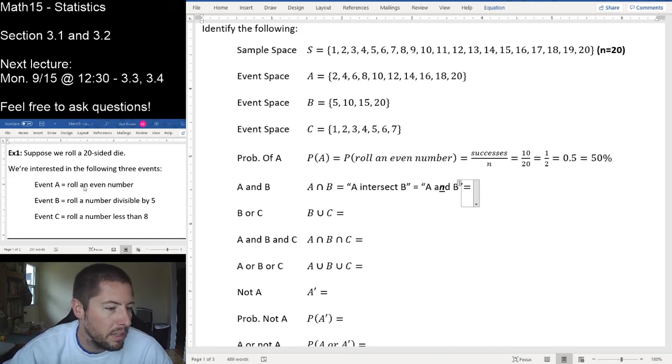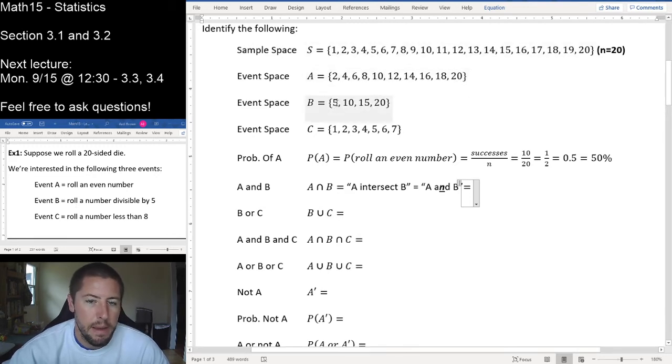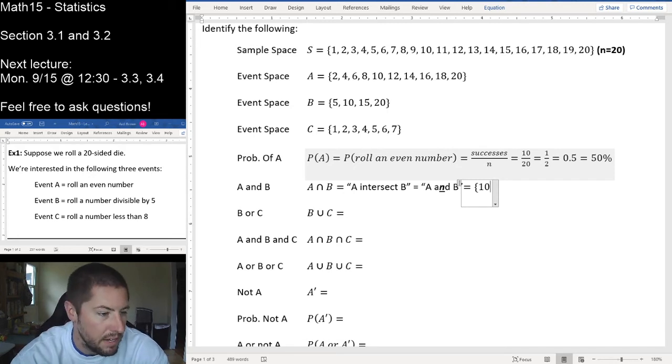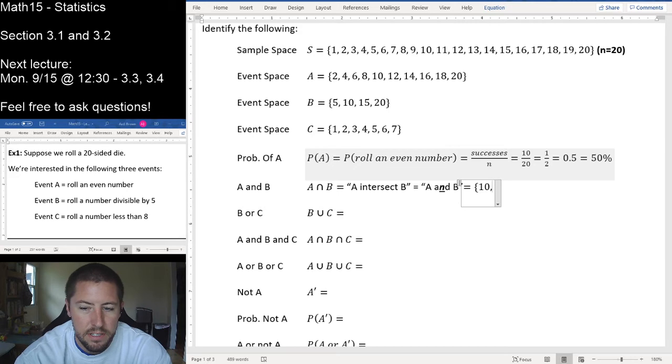I need to both roll an even number and roll a number that's divisible by 5. So looking at my event spaces, by the way, I typically start with my smaller event space and see if it's also in the larger. 5 is in B, but it's not in A. 10 is in B and 10 is in A, so it looks like 10 is in both. It's both even and divisible by 5. 15 is divisible by 5, but it's not even, so that's not in there.